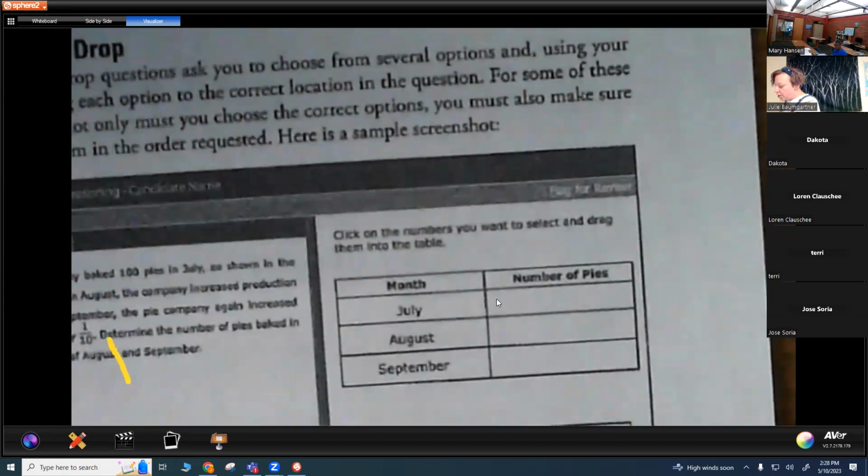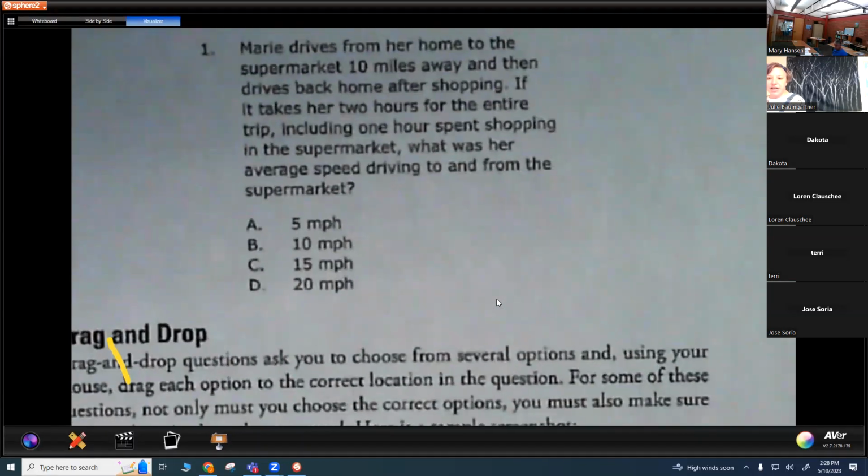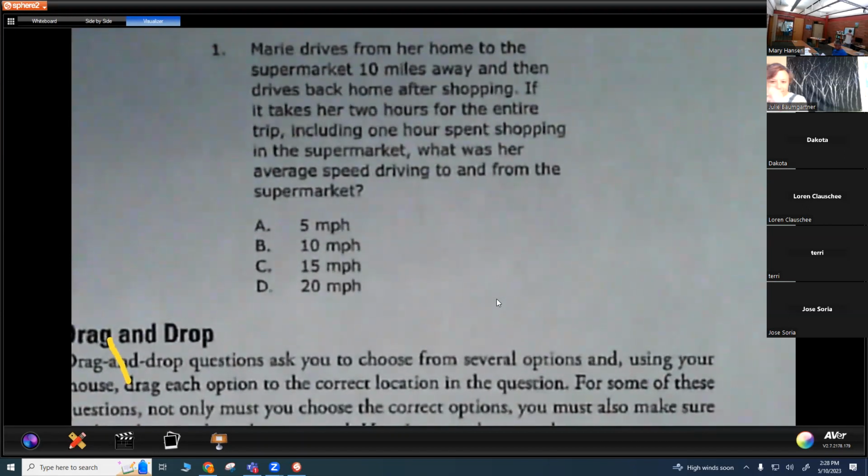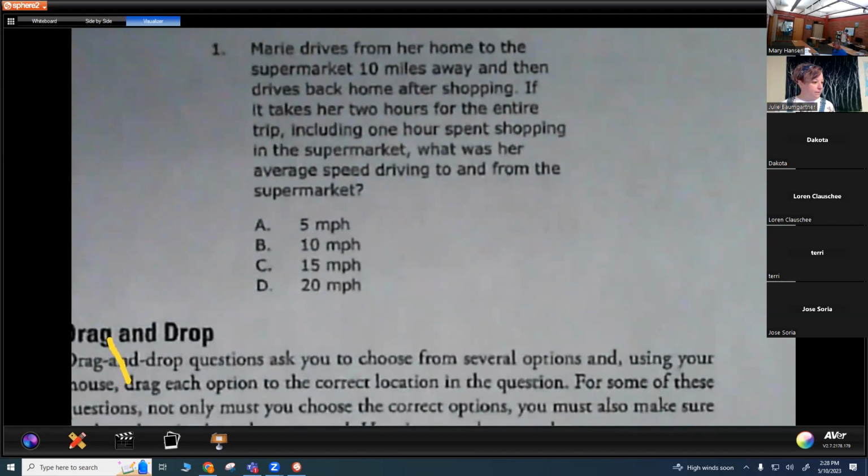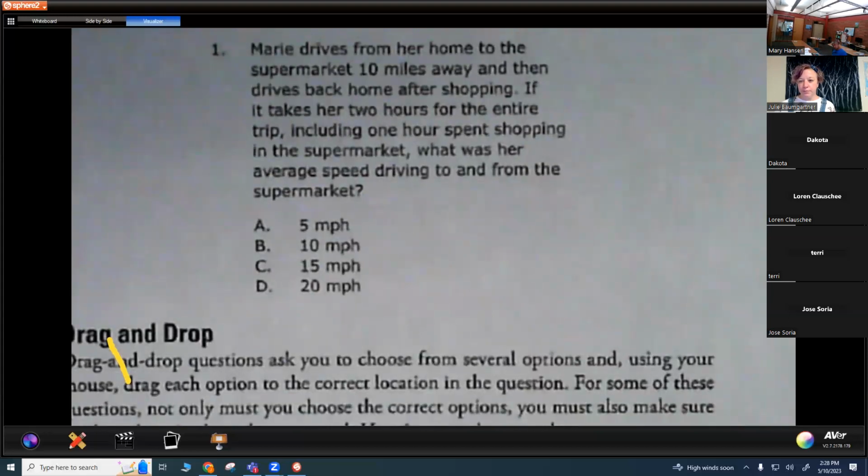Okay. So just a little warm-up problem here. Why don't you guys see how this problem goes? Just a simple multiple choice problem.